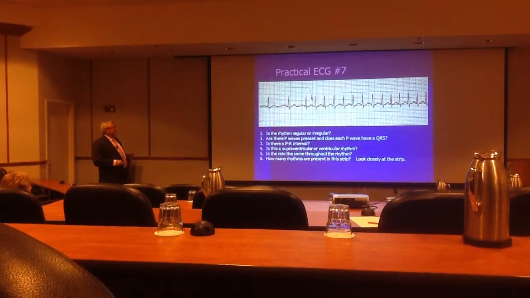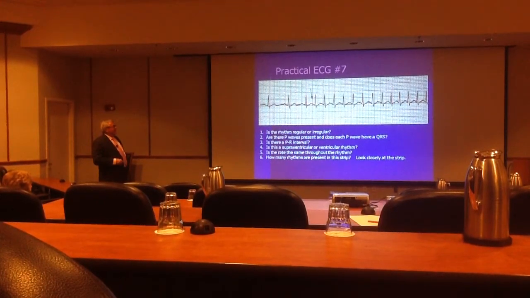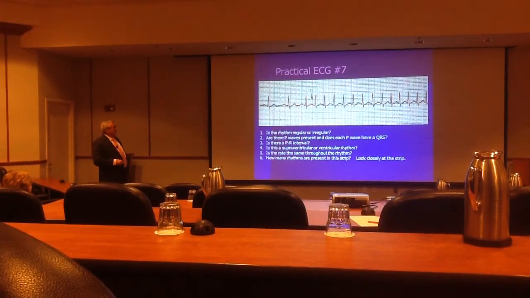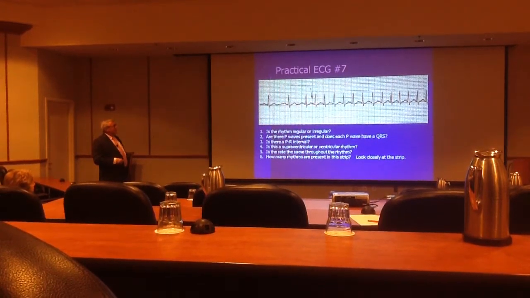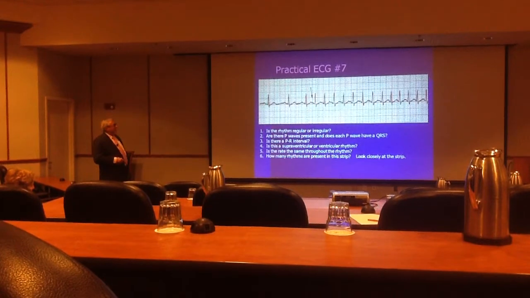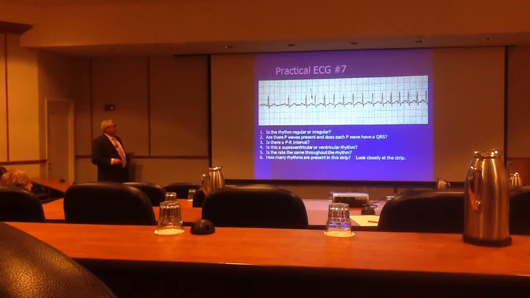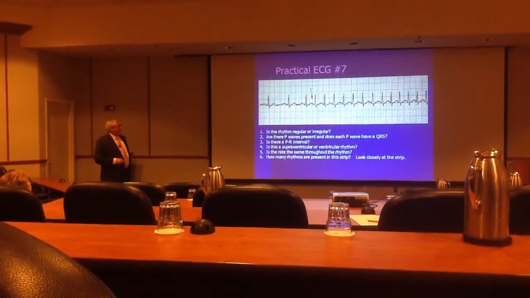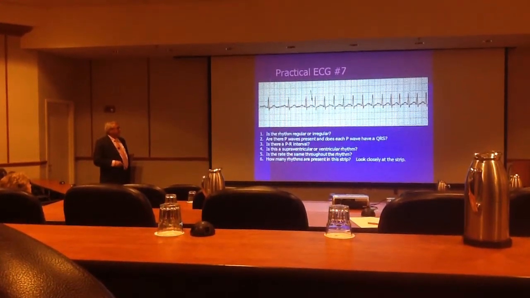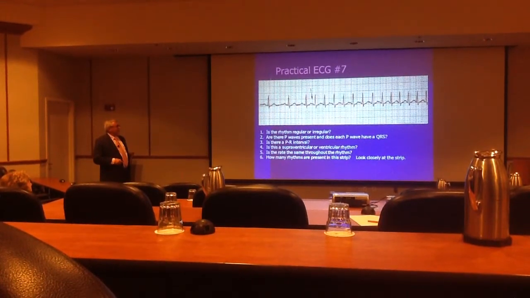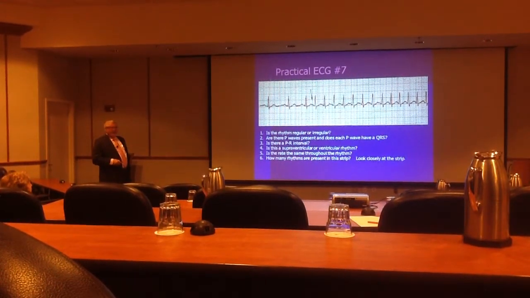But then all of a sudden, since it hit in this vulnerable period, this is called the relative refractory period, this prematurity set off 1, 2, 3, 4, 5, 6, 7, 8 complexes of a very fast rhythm. What do you think that fast rhythm is? There's a P wave before each one of these, right?